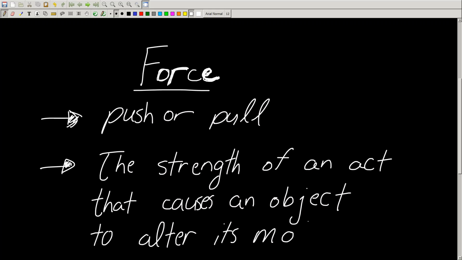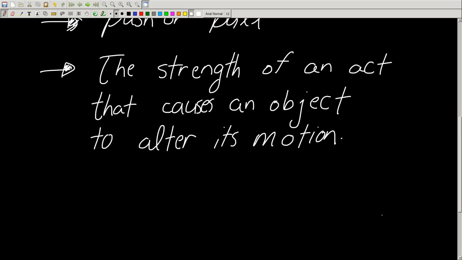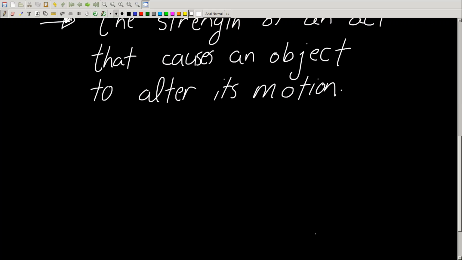So if an object is at rest, meaning stationary, the amount of change to that rest would be considered the amount of force that's been applied. If someone is sitting on a couch, and someone comes along and lifts that couch, I could say that the magnitude of that push upward would be directly represented by how high that couch is off the ground.